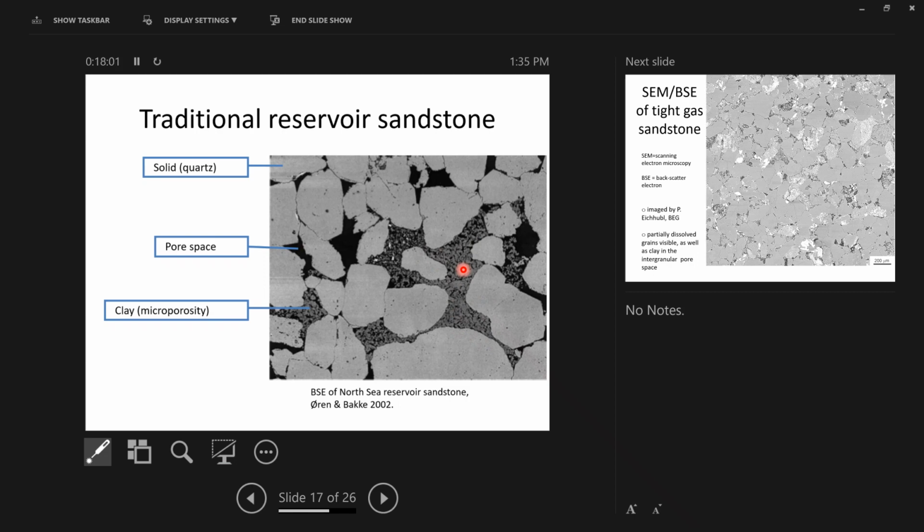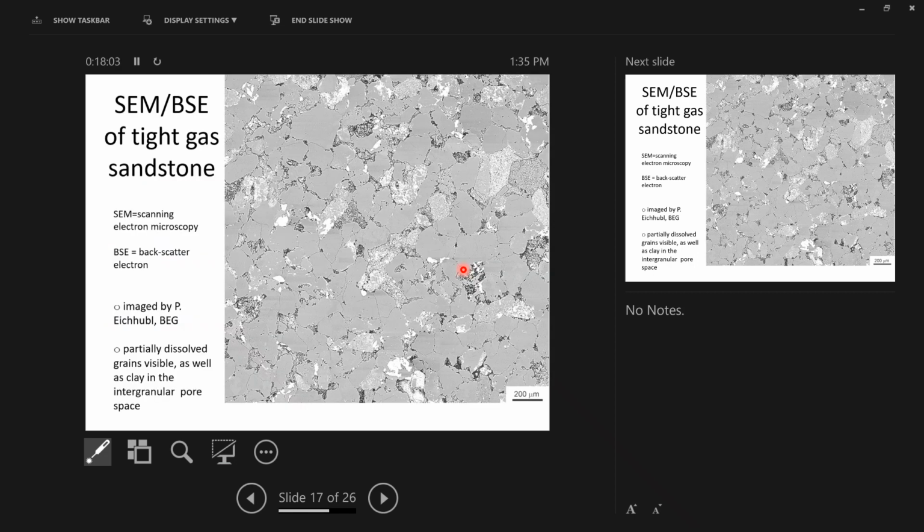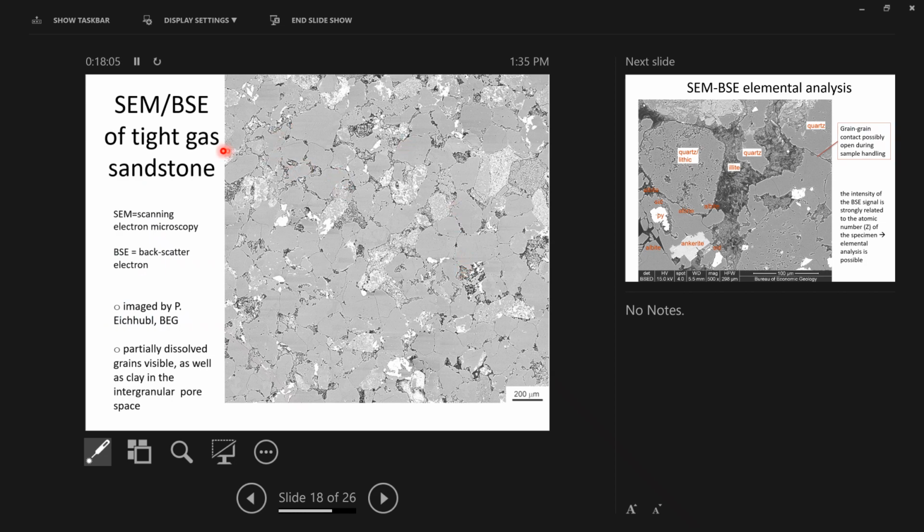However, as you get to tighter and more unconventional resources, so this is a tight gas sandstone, where microporosity is dominant. And in this case, this is an SEM backscatter image, right? You can see types of microporosity and you can quantify it, at least in terms of what is microporous, what is solid, and pore space.